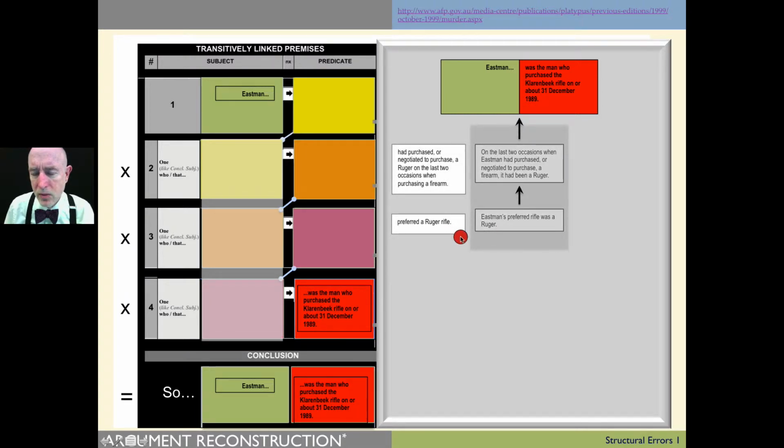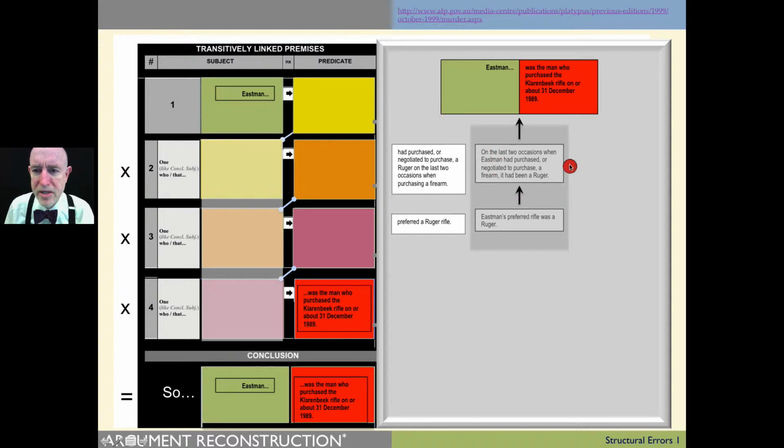Well, the first thing we have to do is when we look at this sentence right here, which says, on the last two occasions when Eastman had purchased or negotiated to purchase a firearm, it had been a Ruger. So remember, in the logic bridge, the lines of reasoning begin with the subject of the conclusion. So we know right here that we're going to need to begin the first premise with the statement Eastman.